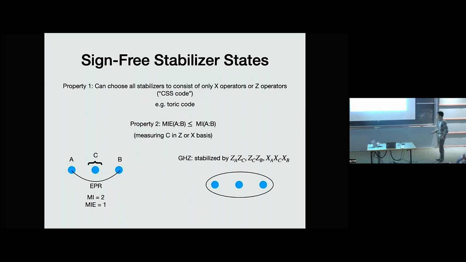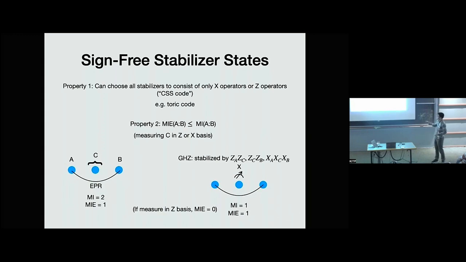So now the mutual information between A and B is 1. And now if I measure C in the X basis, then I create a Bell pair on A and B, and so that's 1 bit of entanglement. So this bound at least checks out in these 2 simple cases. And of course, if I measure C in the Z basis, then I collapse the cat and I get 0 entanglement, satisfying the bound.